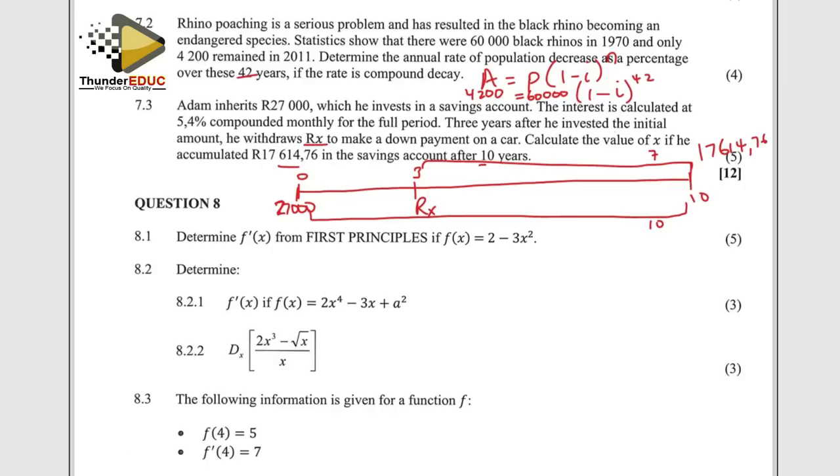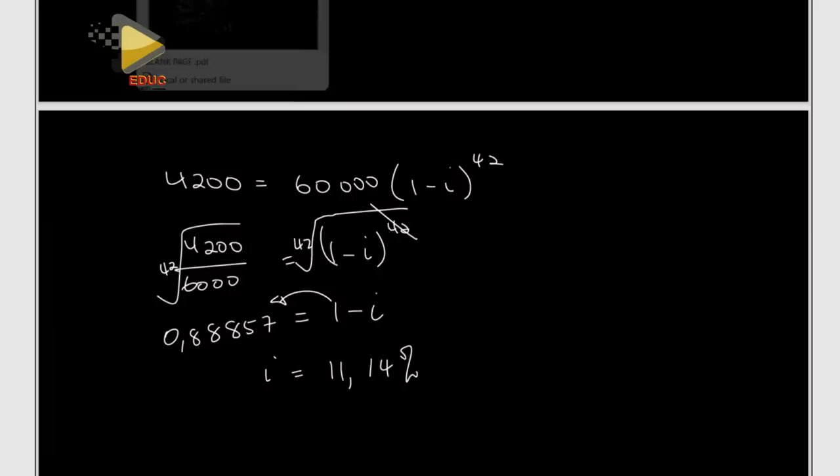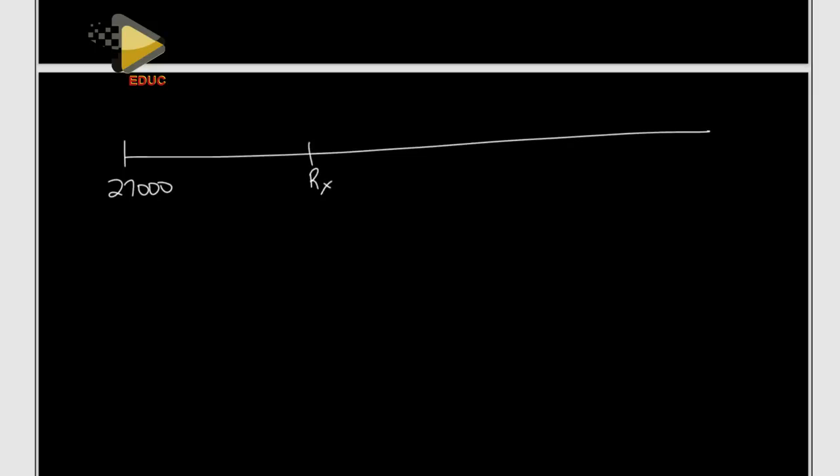Okay, so let me just put it aside. We say 27,000, there's a certain amount of money after 3 years, and then after 10 years we have 17,614.76.